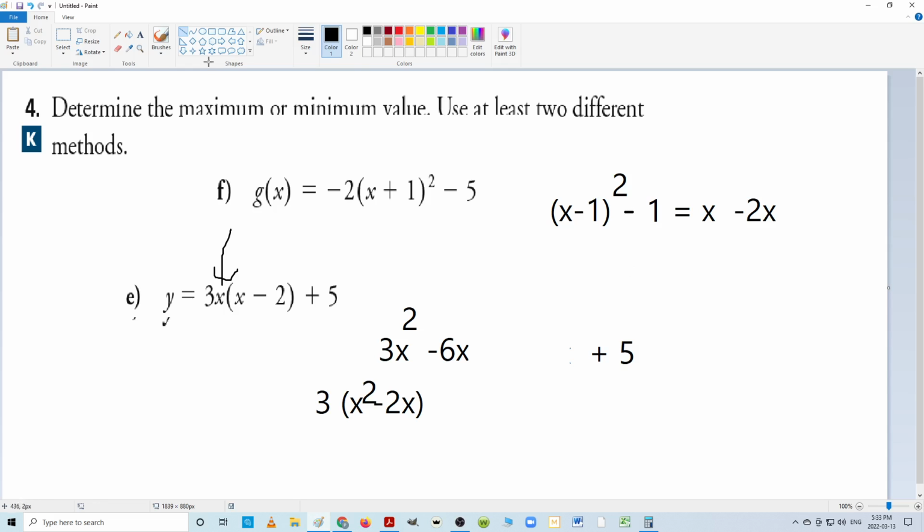So that means I can replace this with all of this. However, remember I factored out a 3. It's not quite done. And I also have this plus 5 hanging out.